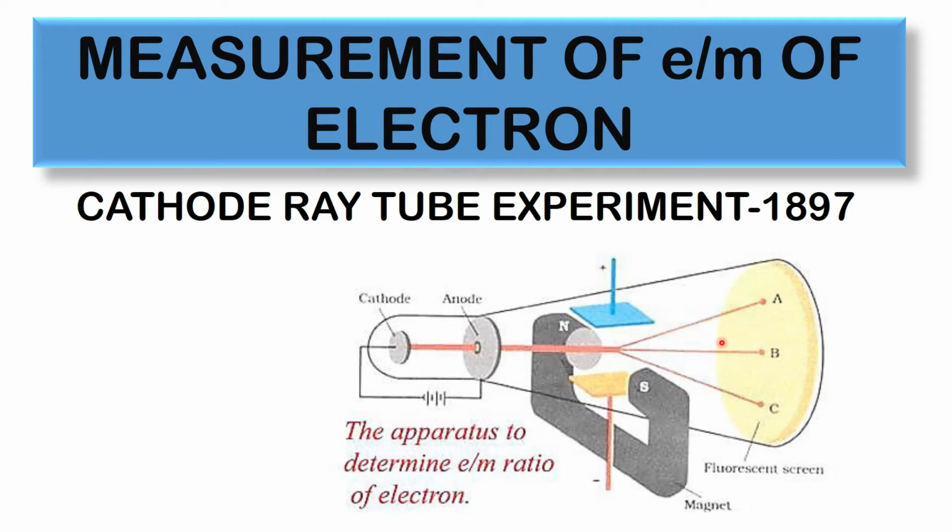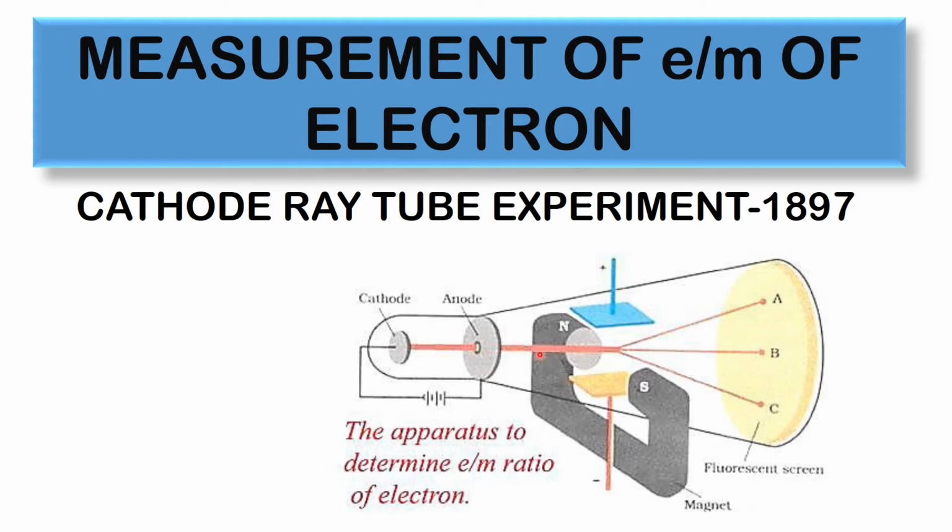So these moving charges can be affected by magnetic field as well as the electric fields. So when he applied an electric field, you can see these two terminals. The positive terminal is on top here, the negative terminal is at the bottom. And because these cathode rays are negatively charged, they will be bent or deflected towards the positive terminal.